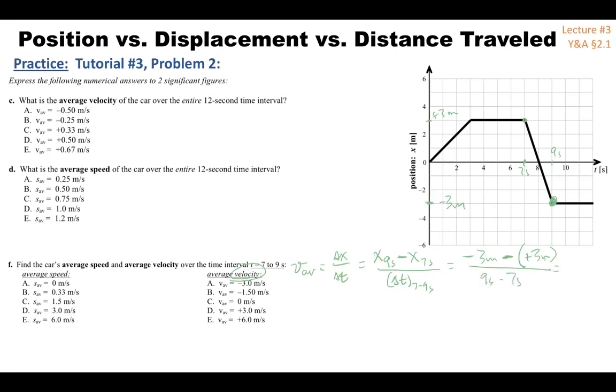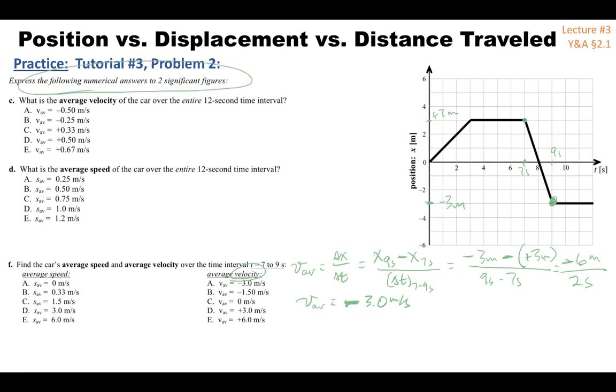So in my numerator, I have negative 6 meters, and in my denominator, I have positive 2 seconds. Remember, delta t is always positive. All right, so that means that my average velocity during this time interval is going to be equal to negative 3 meters per second.